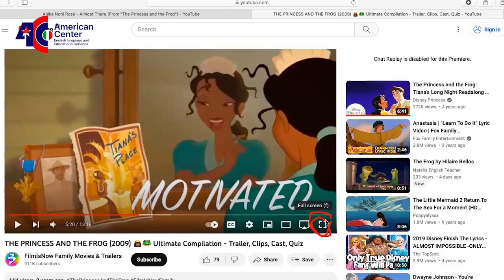Okay, so the first word is motivated. The second word is hardworking. She's working really hard so she gets the money so she could put her restaurant.